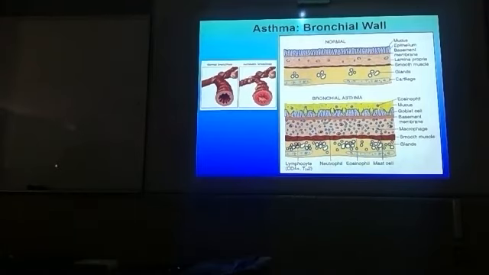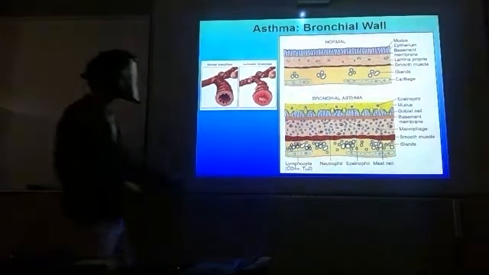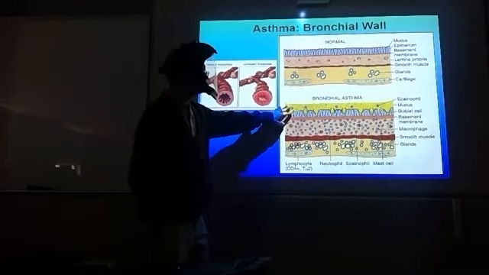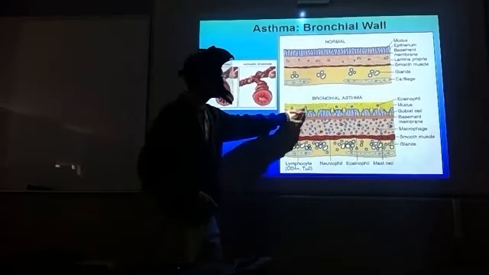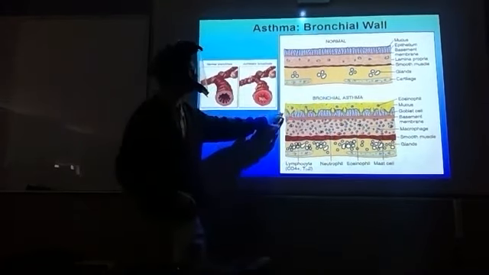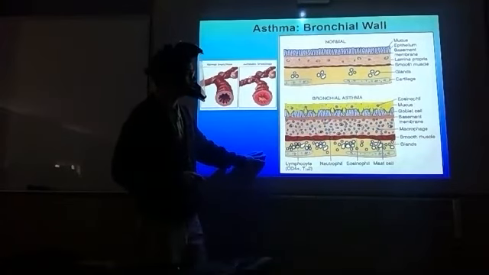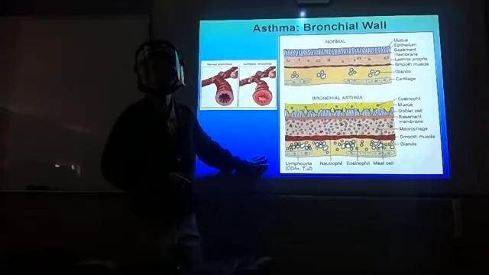The first thing you notice is the wall is thicker compared to normal. That's due not only to the edema of the inflammation, but the chronicity of the disease causing architectural changes. We call them the changes of chronicity. Take a look at the airway: lots of mucus, lots of different inflammatory cells, but especially look at that one, the eosinophil.